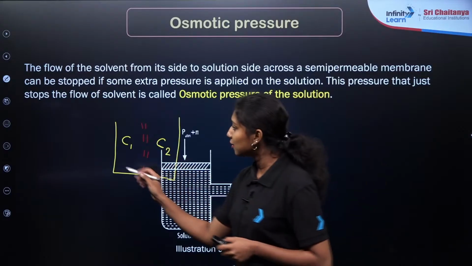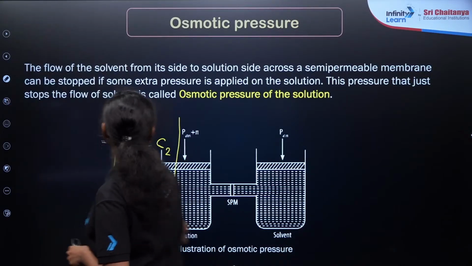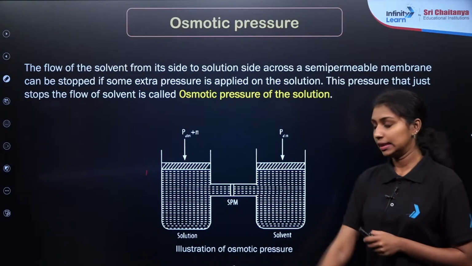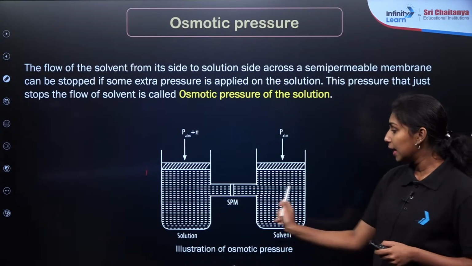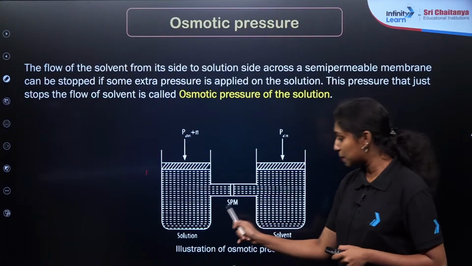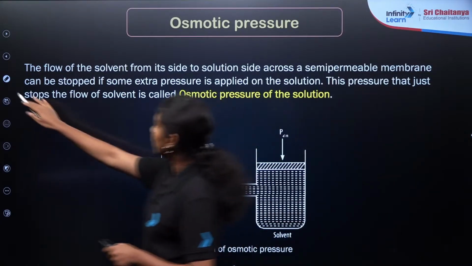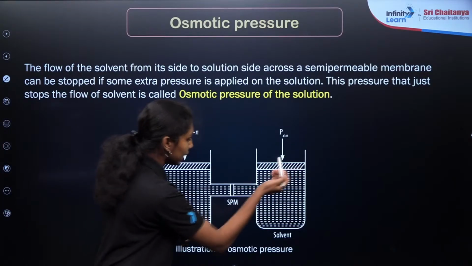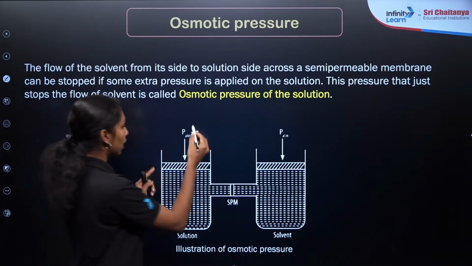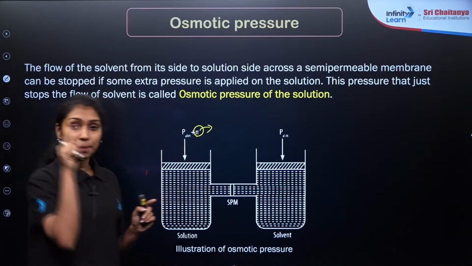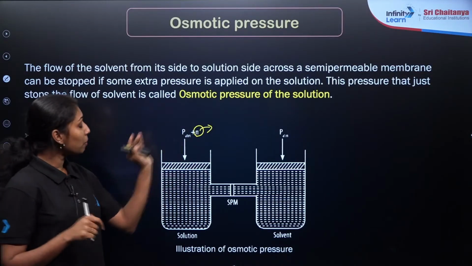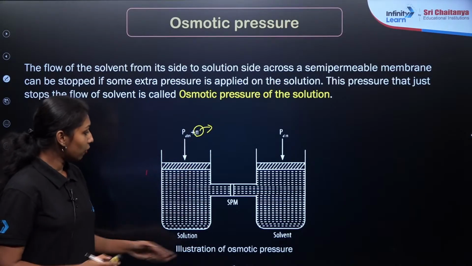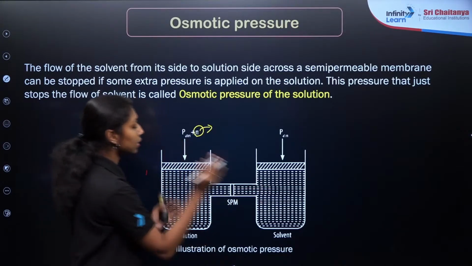Okay, this is a better image given here. This is our solution side, this is our solvent side. They are connected by a semi-permeable membrane. SPM stands for semi-permeable membrane. This is the normal pressure given here. If I apply an extra pressure, an excess pressure, it is denoted by the letter pi, that is our osmotic pressure. If I apply an excess pressure to the solution side, the process of osmosis is prevented.